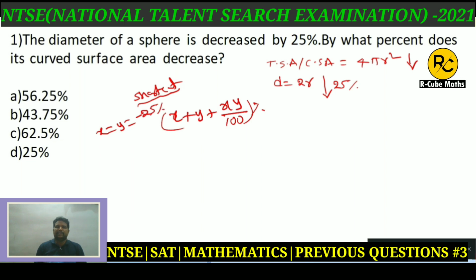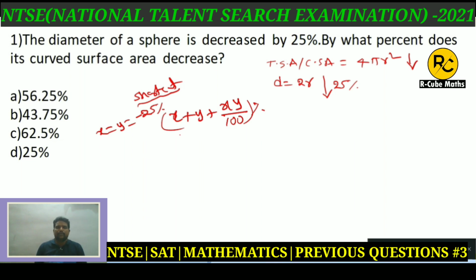Decreased means take a negative value. If increased, take positive. If we get a negative answer, that indicates a decrease. If we get a positive answer, that indicates an increase.